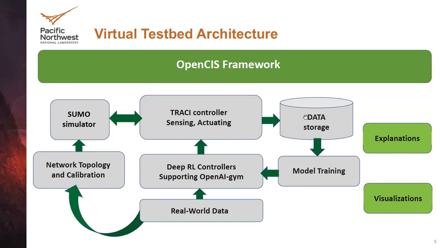And this also takes input from the network topology and the calibrated traffic profiles. And we write out a lot of data from the TrackEye sensing module, and that's essentially used for model training eventually. And we're working on the explanations and visualizations. So I don't have much on that yet, but that's something that we're working on.